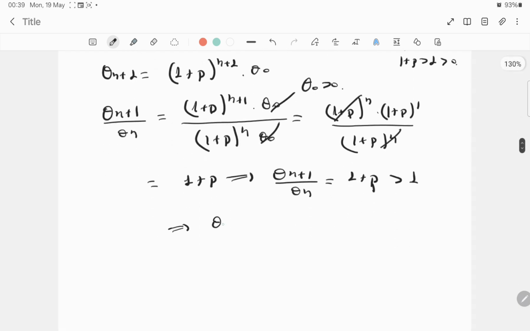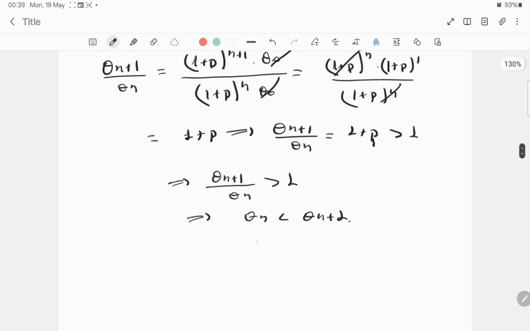So theta n plus 1 over theta n is strictly bigger than 1, so theta n is strictly less than theta n plus 1, which means that the previous value is going to be less than the next increased value.